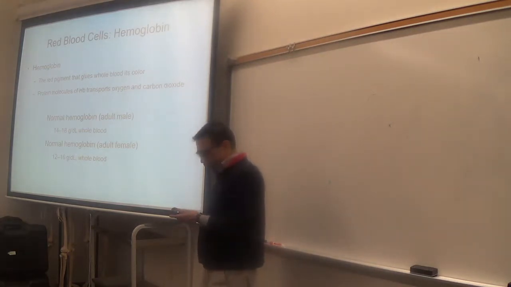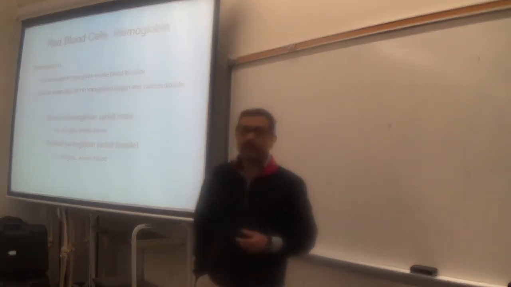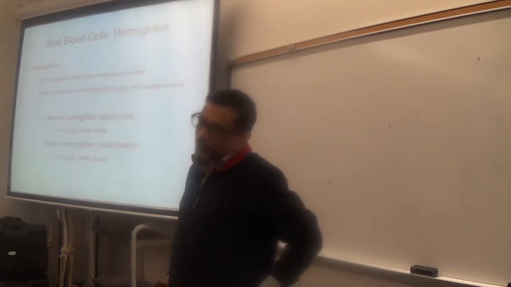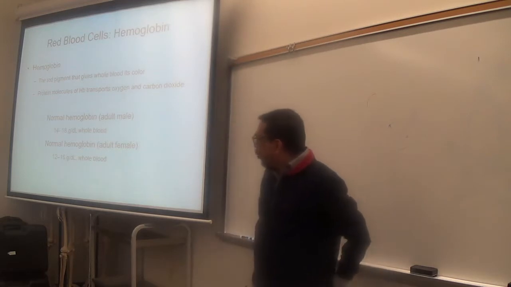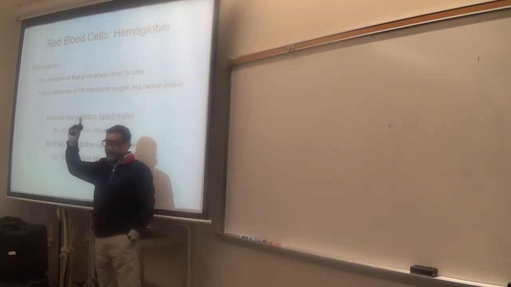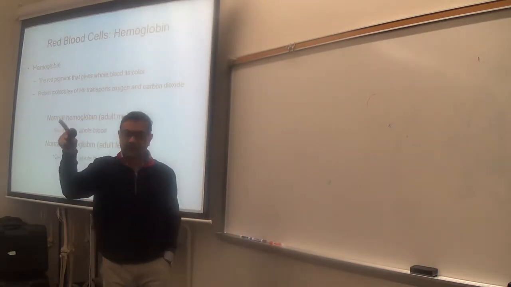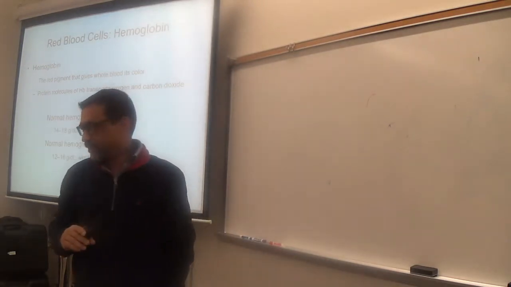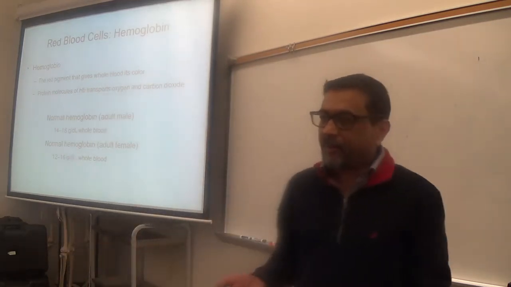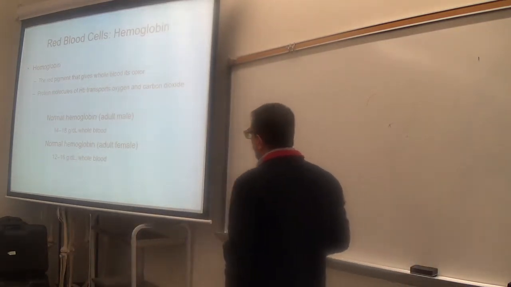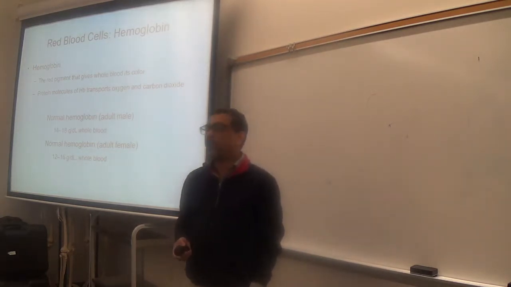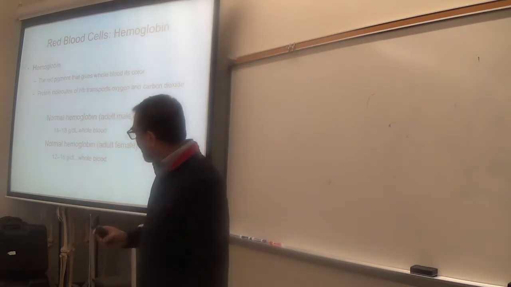If you measure the concentration of hemoglobin in adult male in 100 milliliter, that means 1 deciliter, that means 1/10 of a liter, of blood, the concentration of hemoglobin is 14 to 18 gram per deciliter or per 100 milliliter, same thing.